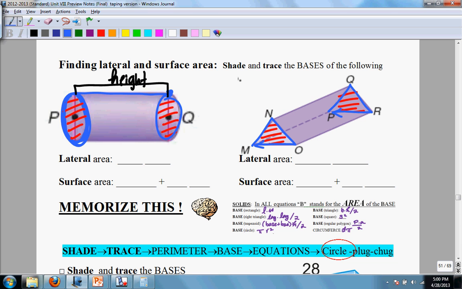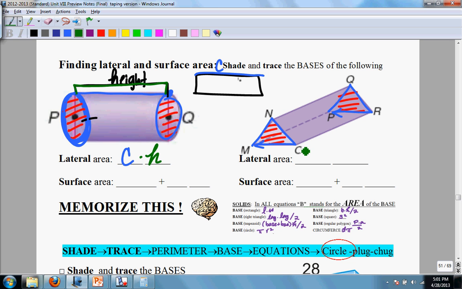Now, how to find the area of the label? If I were to peel this apart, that label, I'd end up with a rectangle, but this edge would be this edge, and that is the circumference there. So how to find the lateral area in the cylinder? It'd be the circumference times the distance between the bases, which is height.